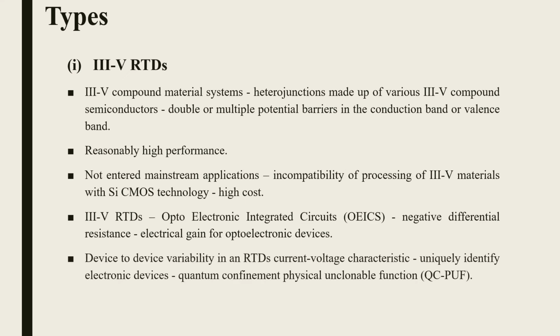Recently, the device-to-device variability in an RTD's current-voltage characteristic has been used as a way to uniquely identify electronic devices in what is known as quantum confinement physical unclonable function, abbreviated to QCPUF.